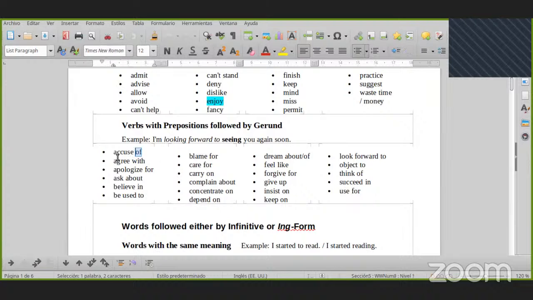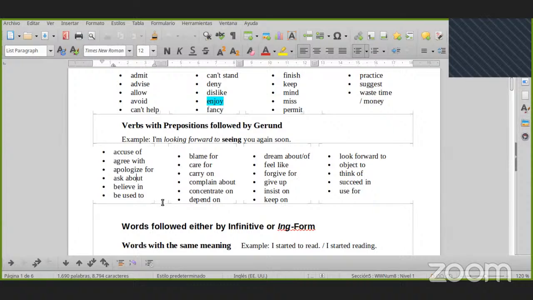If I have accused of, I was accused of smoking in the street, for example. So we use smoking with ing, not smoke. So when we have these prepositions, with, for, about, into, of, up, in, always we use the gerund, the verb with ing.